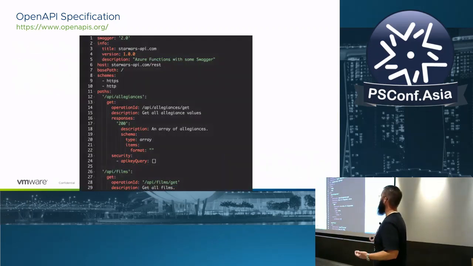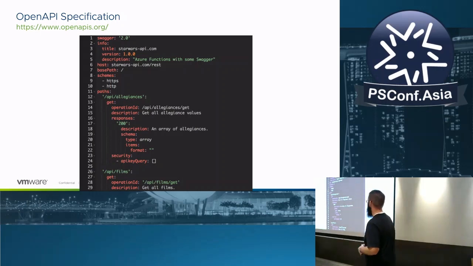So here's an example. Stole this from the Star Wars API, which is a really cool API if you've never interacted with an API before, and you're a Star Wars fan. Kind of helps you learn. But we just start off with some of the metadata, Swagger 2.0. Where's this coming from? What's the host name? Paths. Do we support HTTPS and HTTP or one or the other?